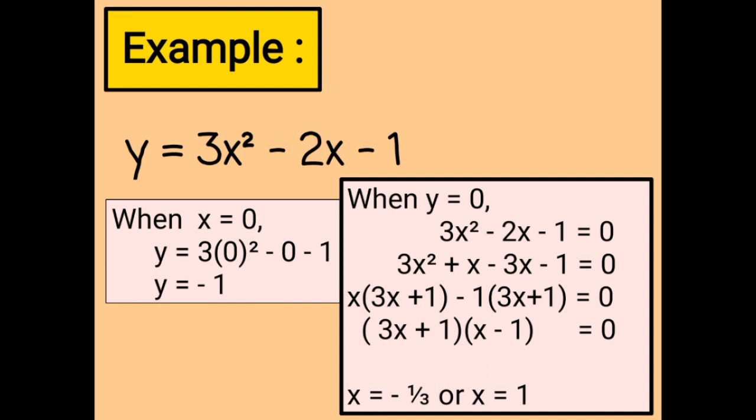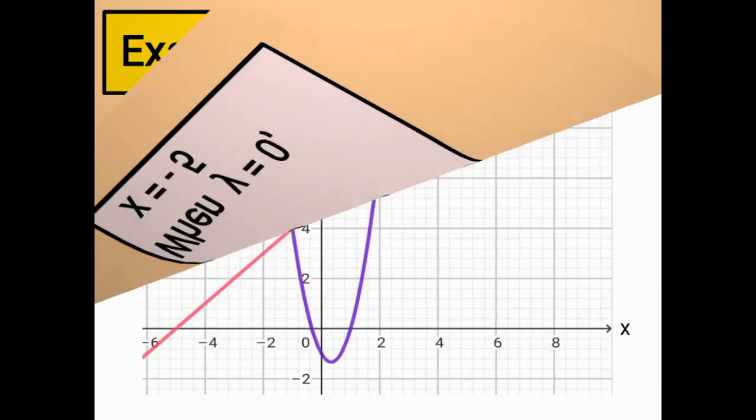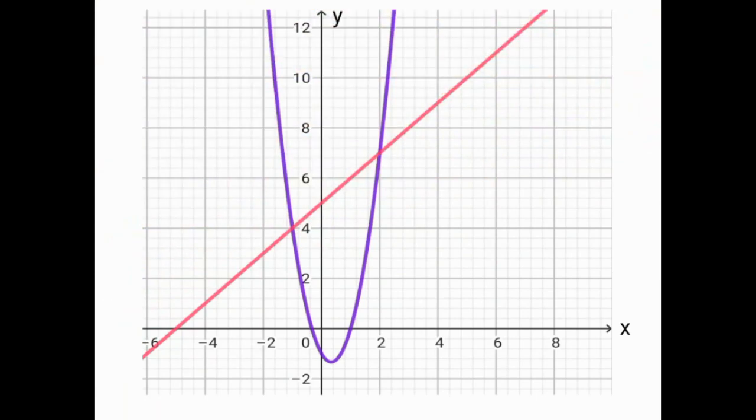When x equals 0, y equals minus 1, and when y equals 0, 3x squared minus 2x minus 1 equals 0. Factorize, so (3x plus 1) times (x minus 1) equals 0, x equals minus 1 over 3 or x equals 1. y equals x plus 5, when x equals 0, y equals 5, and when y equals 0, x equals minus 5. So here you can see the two graphs of y equals f(x) and y equals g(x).